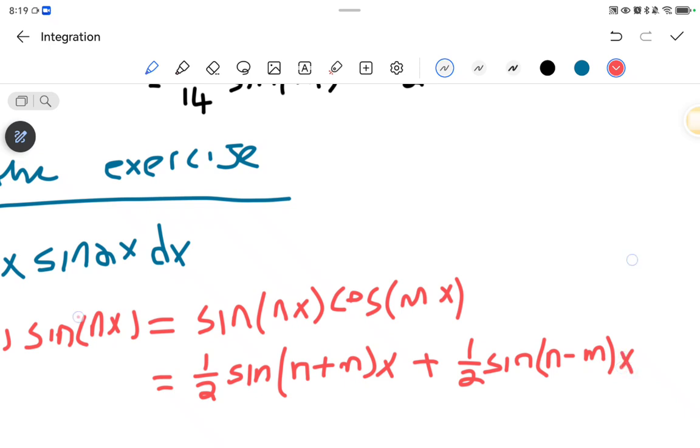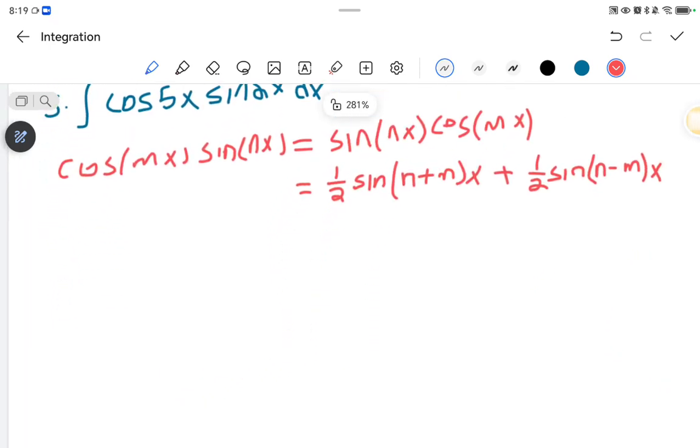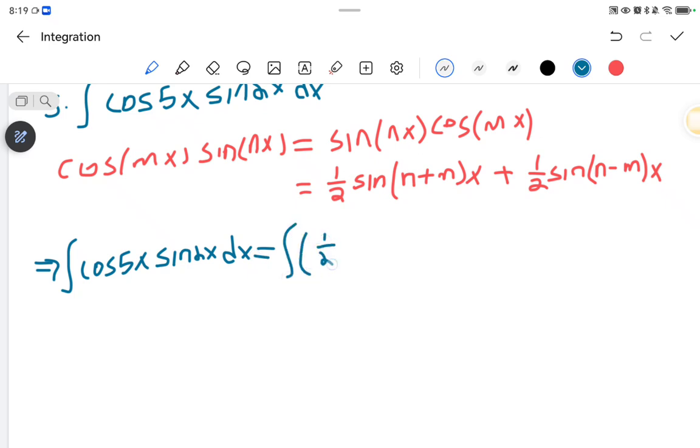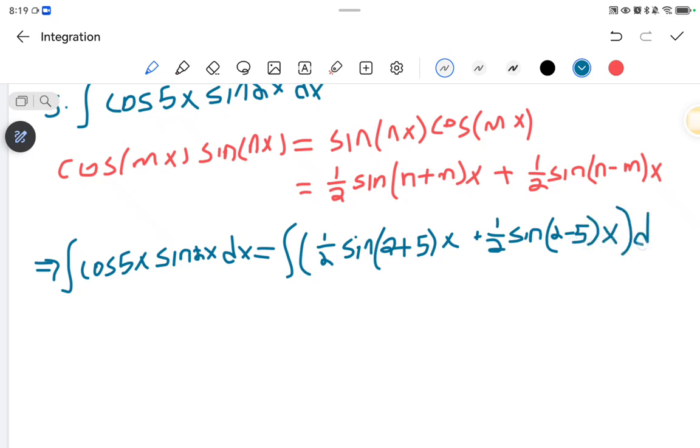So now we know that from this property we are going to say that this will imply that the integral of cos of 5x sine 2x dx will be equal to the integral of 1 over 2 sine of, in this case n is 2, sine of 2 plus 5 x plus 1 over 2 sine of 2 minus 5 x dx.